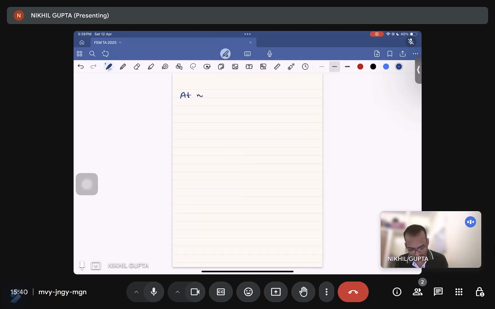So at node 1, x is L, y is minus C. So u1 will become minus u bar, v1 will become u bar by 2cl minus L square minus nu C square.